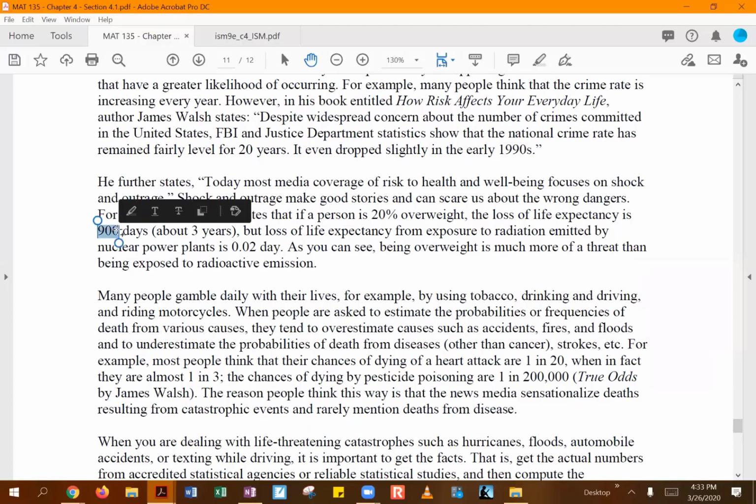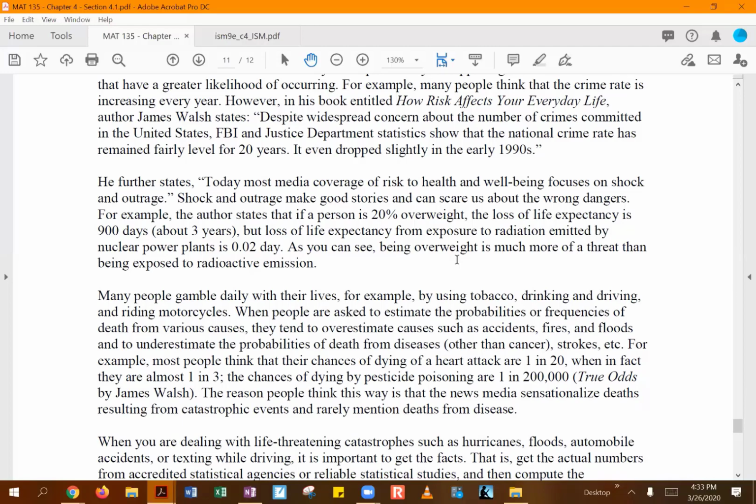But the loss of life expectancy from exposure to radiation is about 0.02 per day. But obviously the idea here is that the threat of being 20% overweight has a bigger effect on the loss of life expectancy than the exposure to radiation. But of course, as people, we are more afraid of radioactive emission than we are of watching our weight, right?